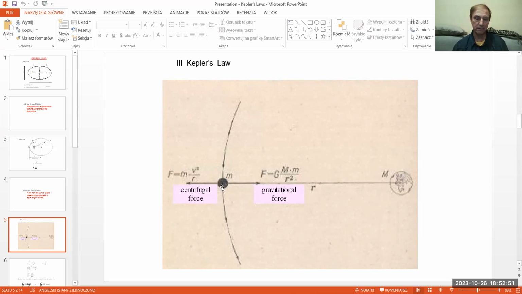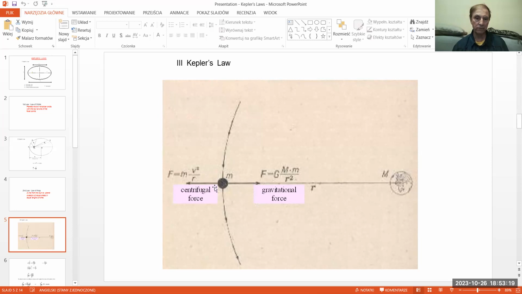Because this planet is moving in an ellipse, there is a certain force of inertia, known as the centrifugal force, which is equal to mv squared divided by r, where m is the mass of the planet, v the tangential velocity of this planet, and r the distance between the planet and the sun.